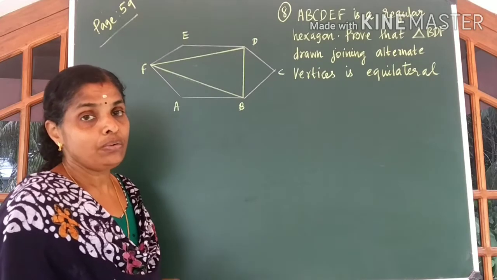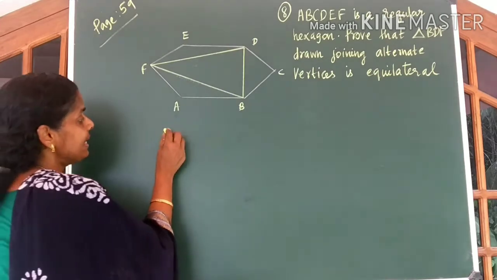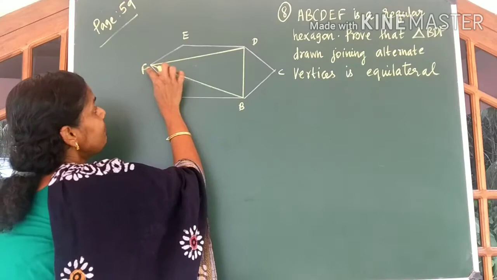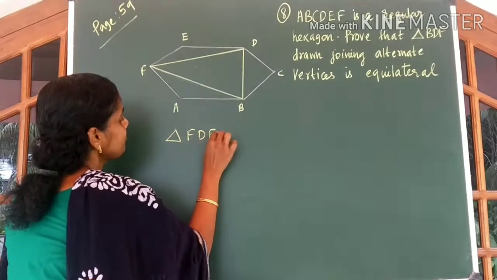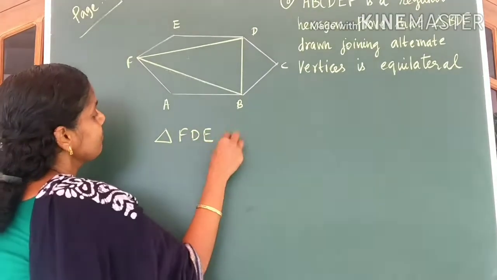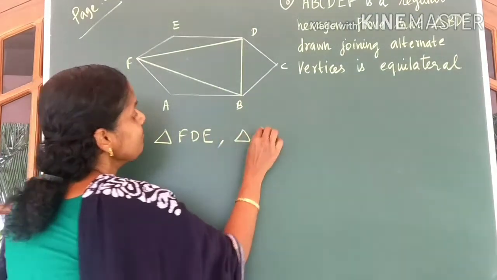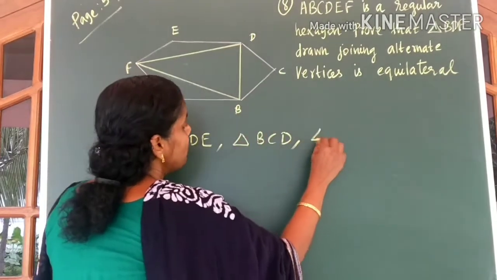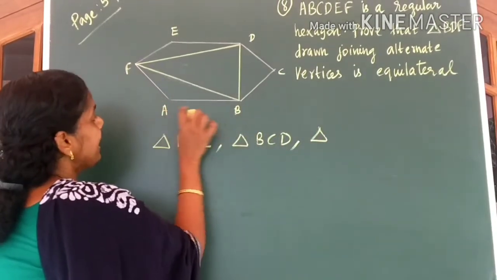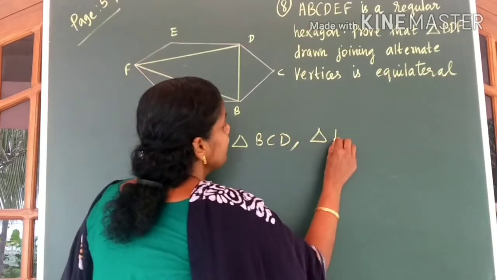Now let us consider triangles FDE, BCD and also triangle ABF.